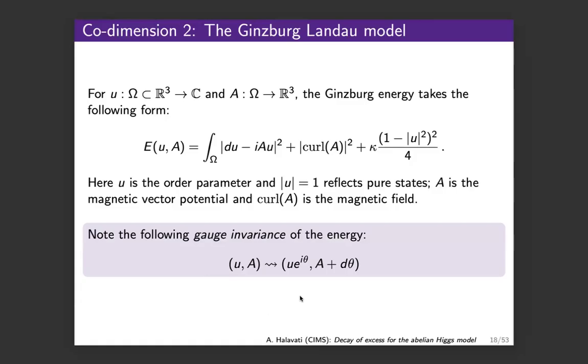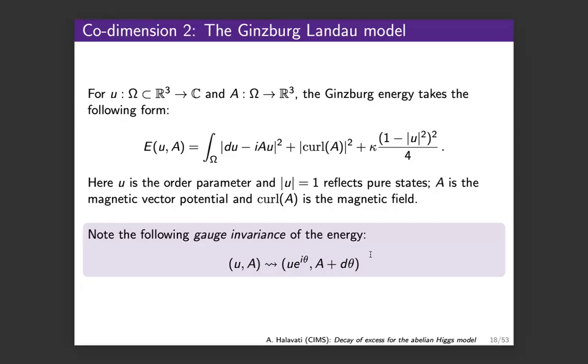If you do a little bit of computation, because curl of dθ vanishes, and the modulus just remains invariant, and these two terms cancel out each other, right? So these two pairs are indistinguishable, at least at a variational level. So whenever we're going to solve this equation, or we're talking about solutions of this equation, I always say up to a gauge equivalence, right?